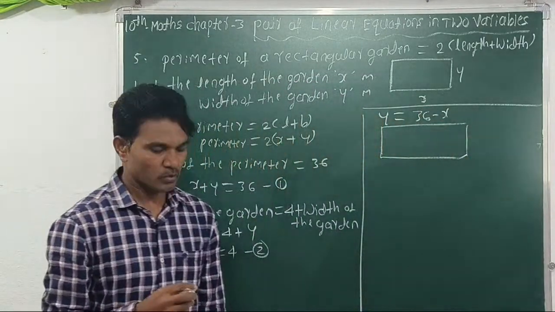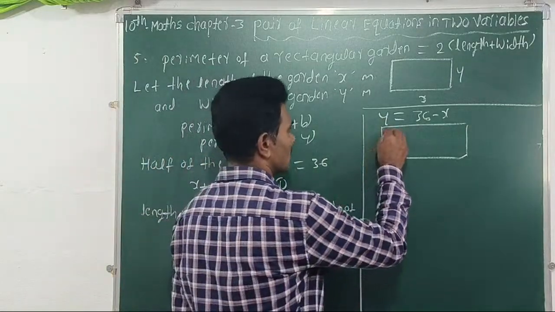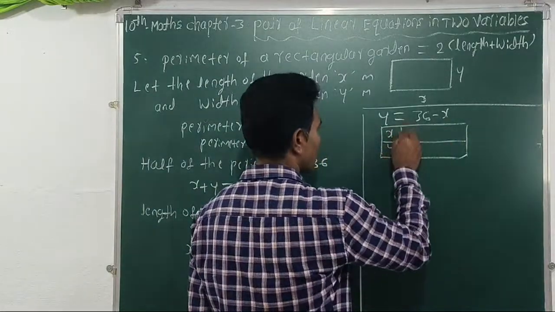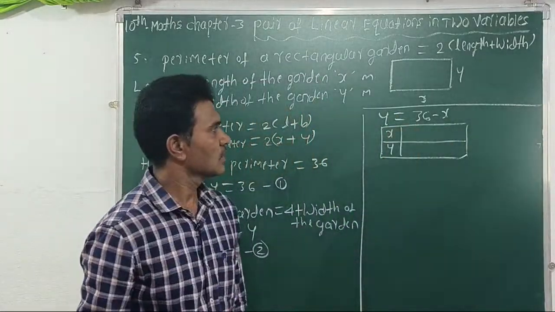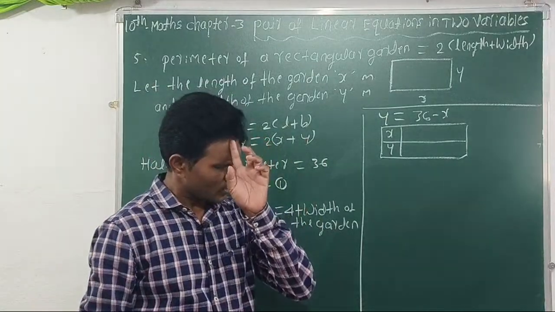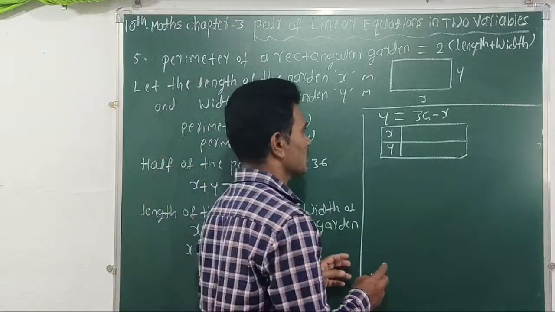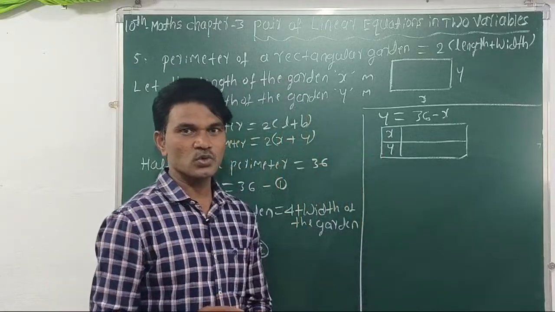Here we have to find out at least two solutions to this equation, x, y, because it is a straight line. If we join 2 points we get one straight line. That is why we have to find out at least two solutions.